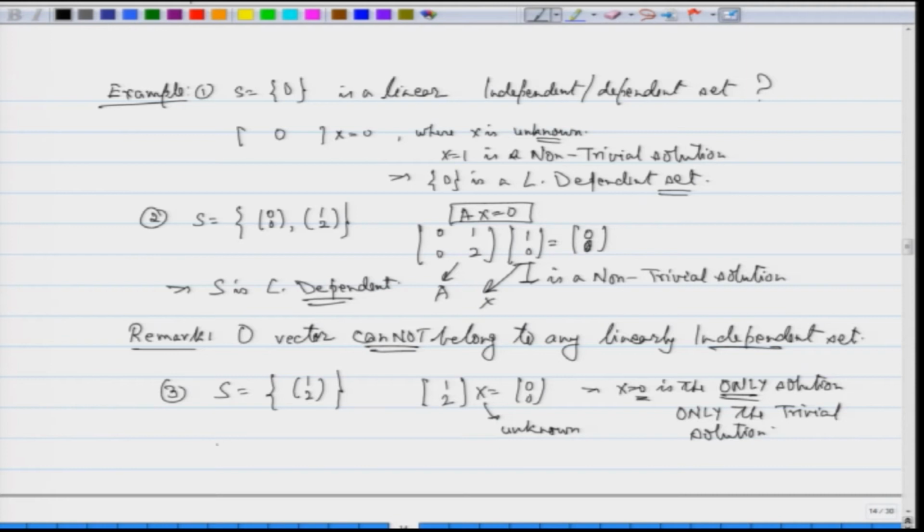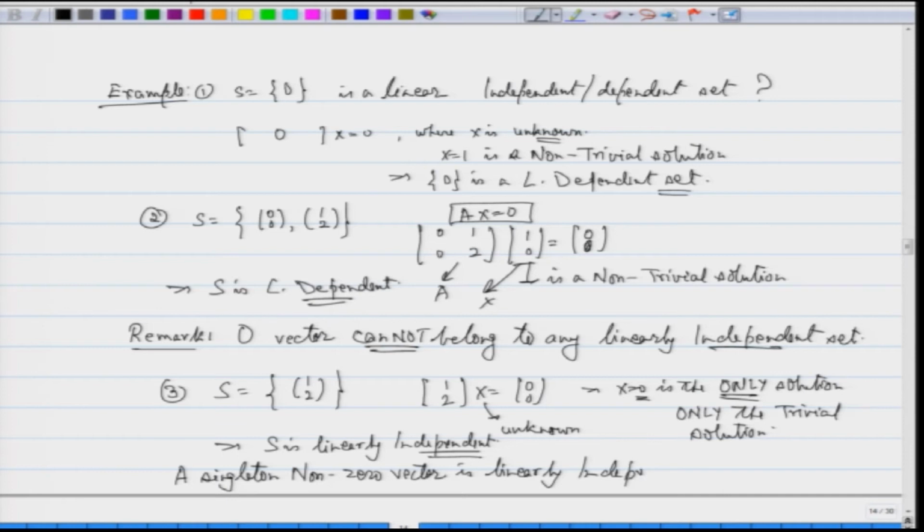Fine. This implies S is linearly independent. So, a singleton non-zero vector is linearly independent.